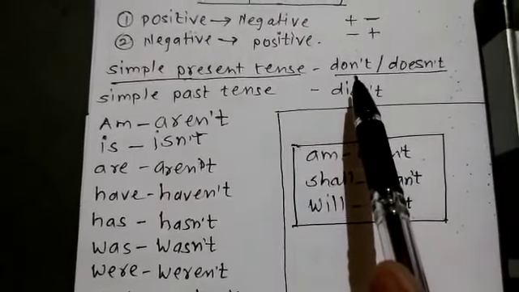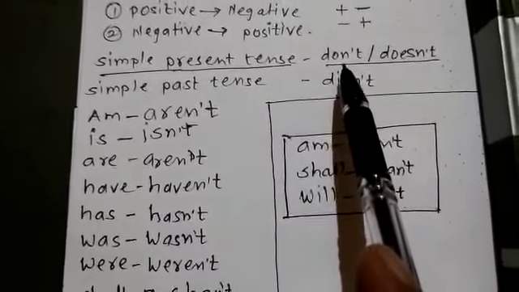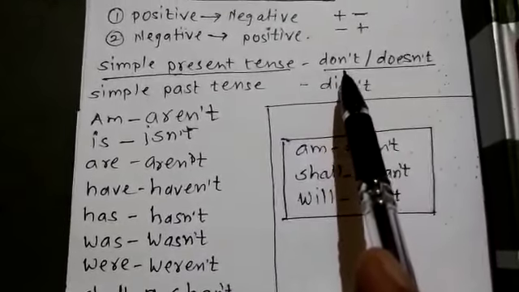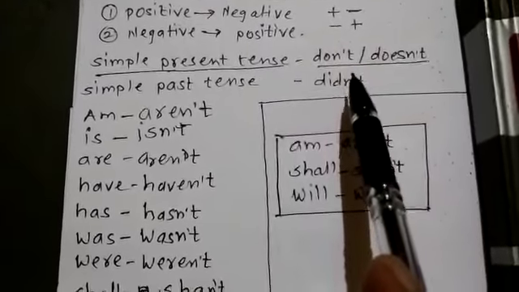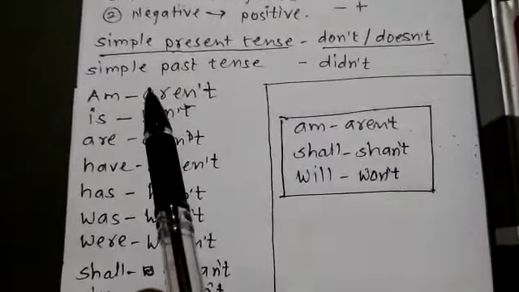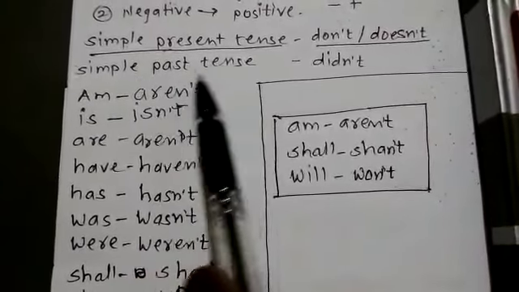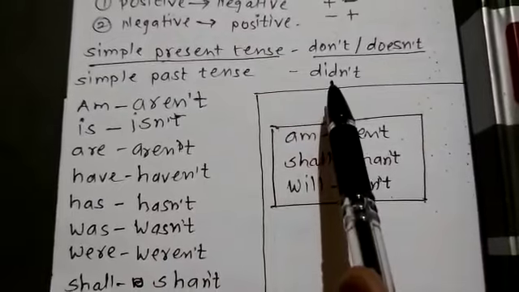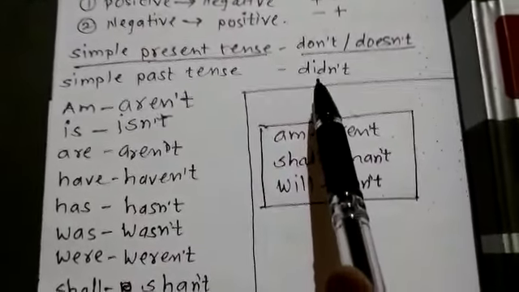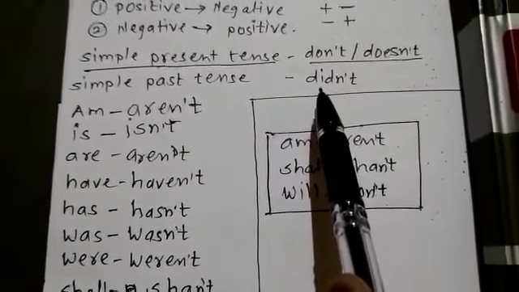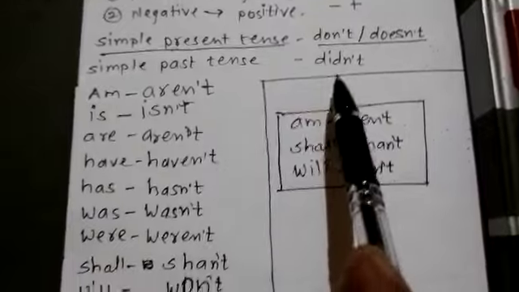And if the subject is not third person singular and the sentence has positive sense, then we add don't, like I, you, they, we. In this way these words are there. Now simple past tense, we have to add didn't. Obviously if the sentence is positive, you will add didn't, and if the sentence has negative sense, then you will have to add just did, and after that you will have to take the subject.